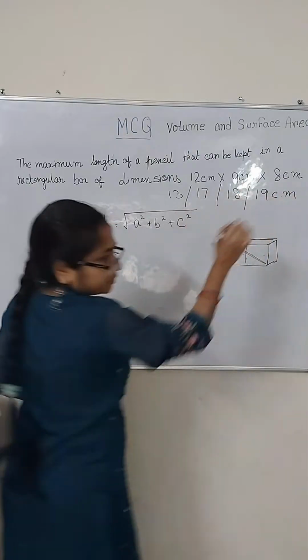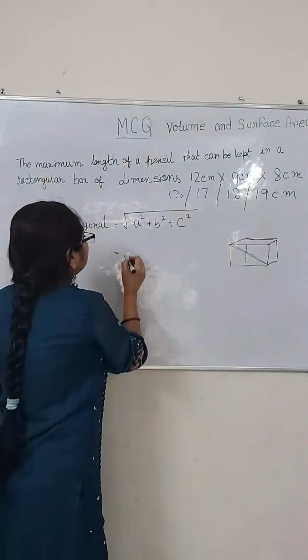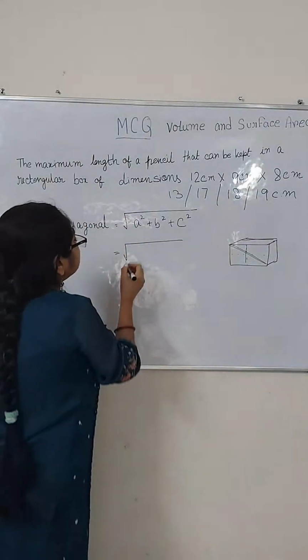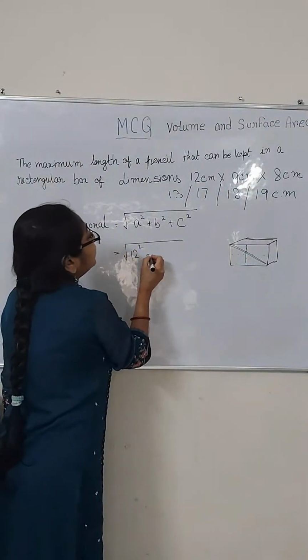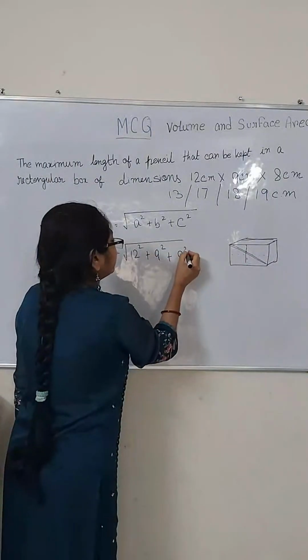You find out and write which is the right answer. Put the value of a. A is 12 square plus 9 square plus 8 square.